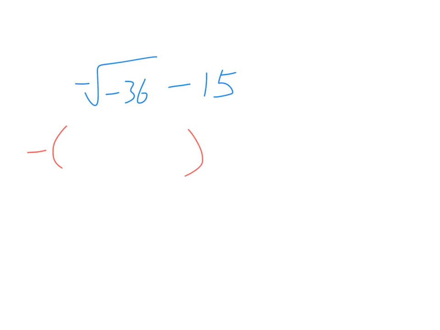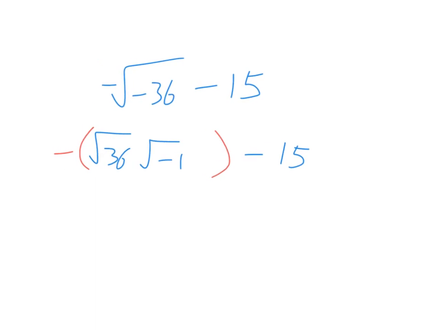Minus 36 can be broken up as being the square root of 36 times the square root of minus 1. And minus 15 will just stay the same there. Now we've broken up the square root of minus 36, but there's still a minus outside that. So we'll deal with the outside minus later. We're just trying to simplify this here first of all.